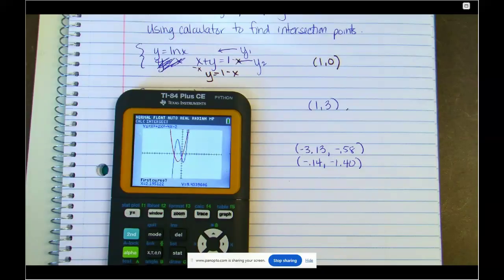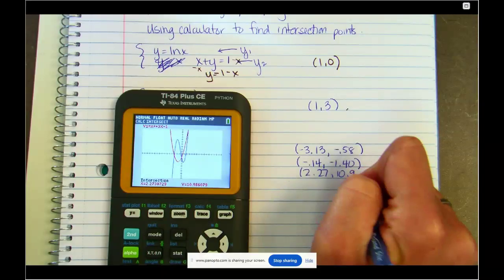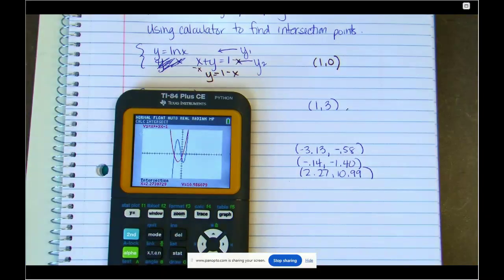You can move the cursor before you do the enters, or while it says guess. Point is, you have to find all of them. So this one has 3 answers. There's no way we could solve this algebraically because it's not a quadratic, so we have to use the calculator.